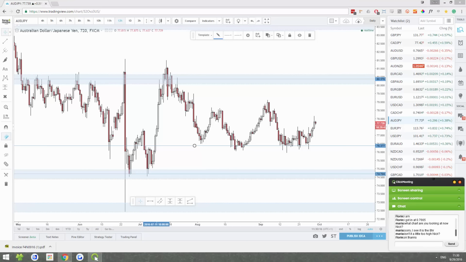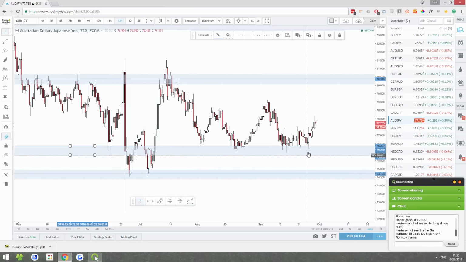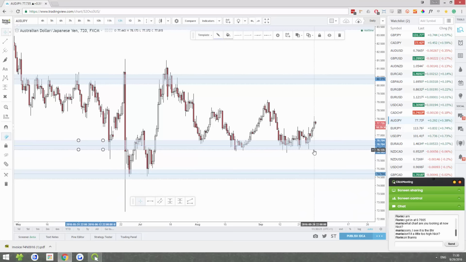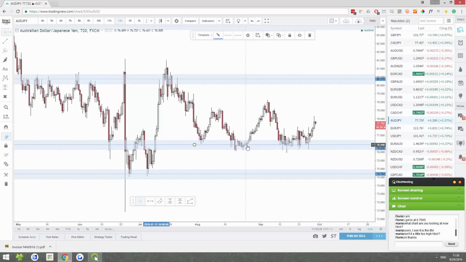But the problem is that support resistance is never precise. It's always a rough area, and it can bounce from above it like it does here, for example, or it can bounce from below it like it does there. So if you try to be too precise with your support resistance areas, you end up in a situation where you're going to skip a lot of good trades.